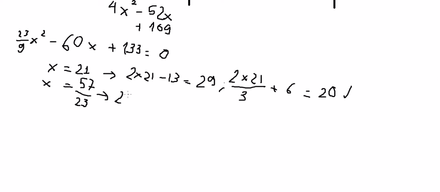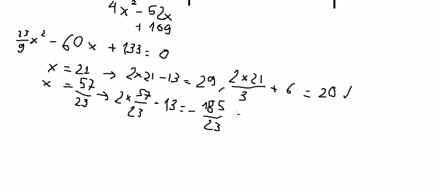Now let's go to the second one. If we put this number in here, you get negative 185 over 23.